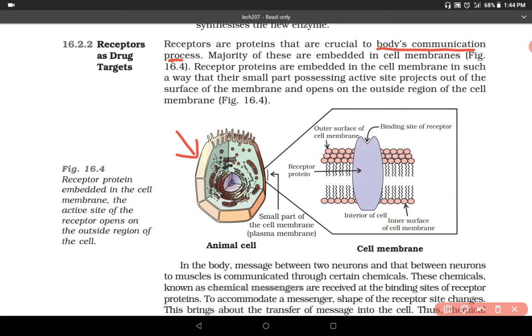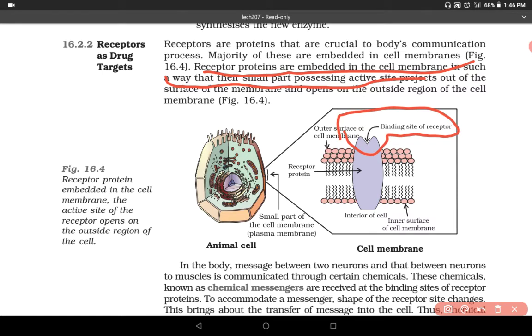Receptor proteins are embedded in the cell membrane in such a way that a small part possessing the active site projects out of the surface of the membrane and opens on the outside region of the cell membrane. This is the binding site, called the active site of the receptor.